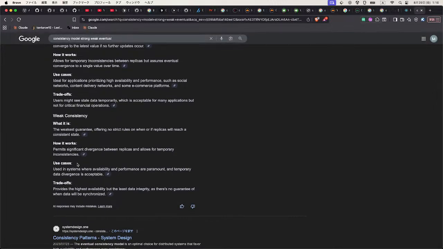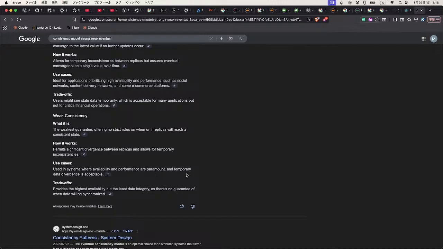Weak consistency is the weakest guarantee, offering no strict rules about when or if replicas will reach a consistent state. It permits significant divergence between replicas and allows for temporary inconsistencies, used in systems where availability and performance are paramount.